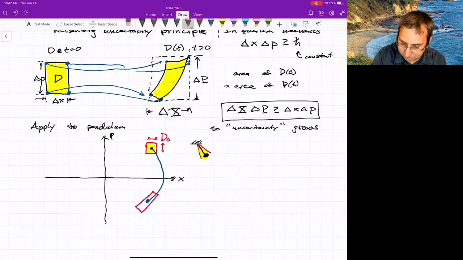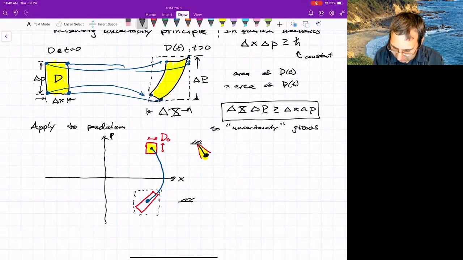And it seems like our uncertainty has grown, at least, right, think of uncertainty in X and uncertainty in P. It's gotten bigger. So if we were to just try to represent this, we're at the same kind of X location, but the uncertainty has grown. And I'm not doing this completely to scale, but I'm just trying to give the idea. The uncertainty has grown as time goes on.